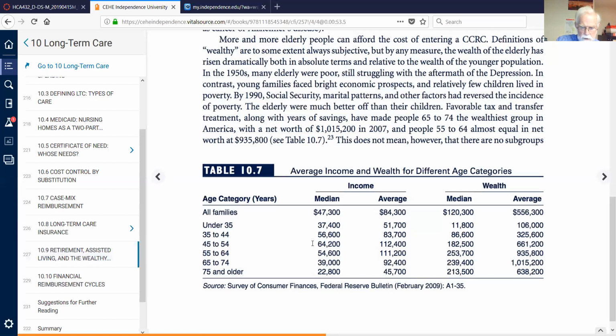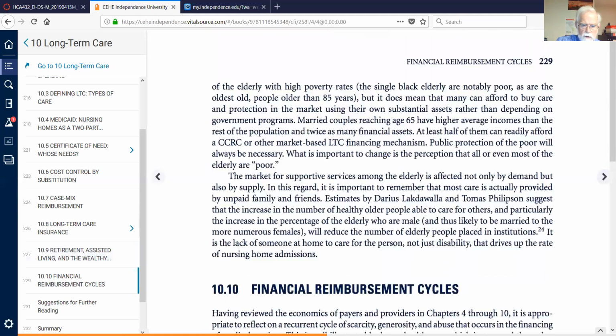So again, the disparities are that we get our greatest income in our middle years, but our greatest wealth comes when we're older and when we've had all this accumulated value in our lives. So again, people at the lower end of the income scale can hardly afford these big continuing care retirement communities. So that's a good number here.